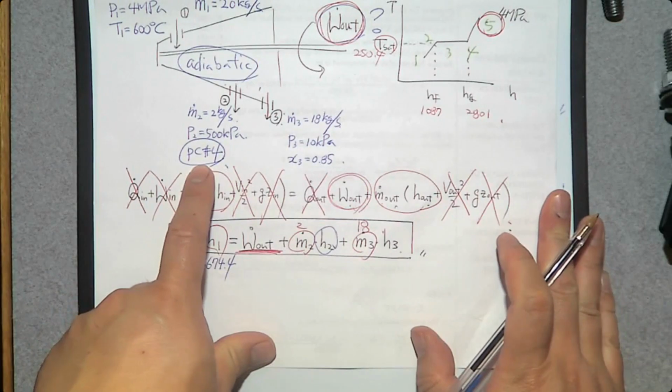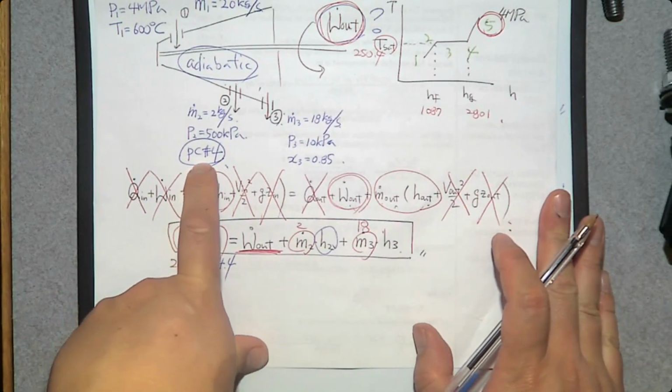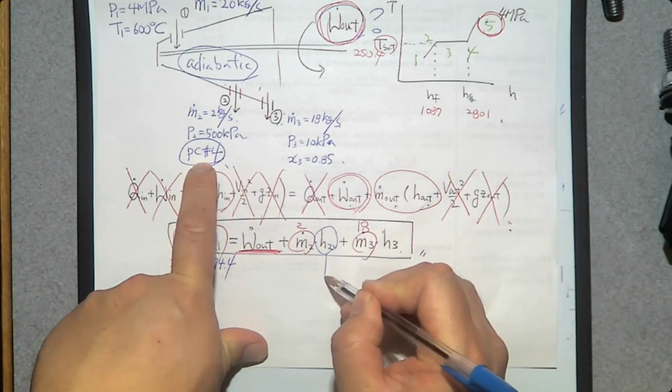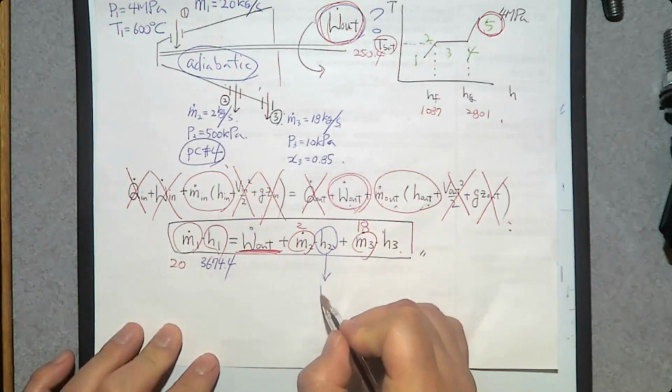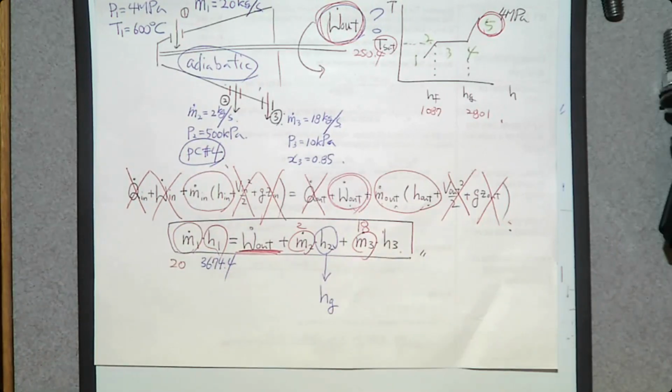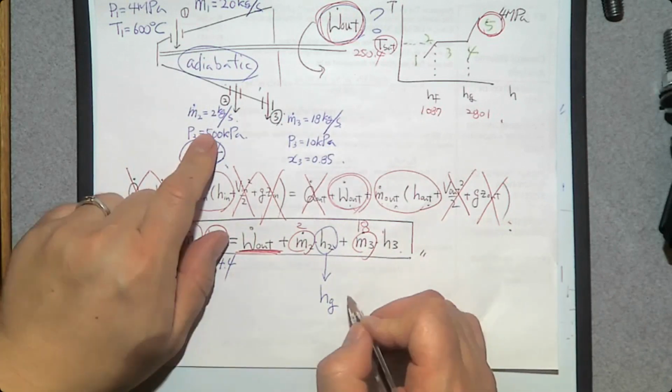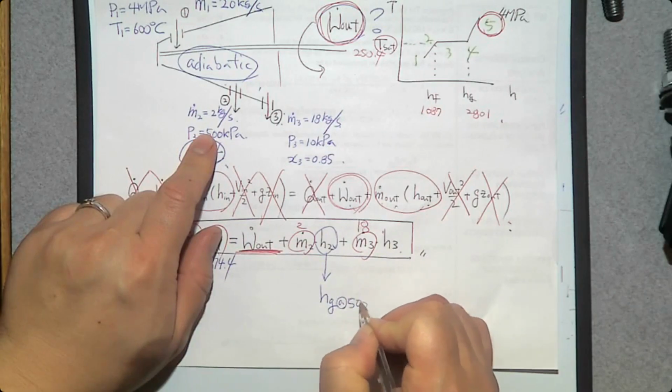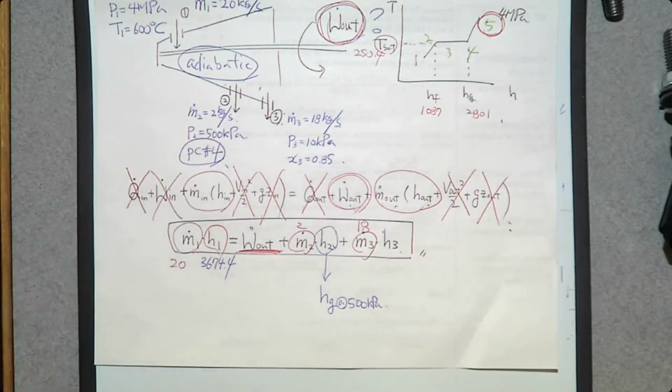Oh, at number 2, we have a saturated vapor. If you have saturated vapor, how do you determine H? Hg. At what condition? This condition, 500. Hg at 500. So how can we find Hg at 500?